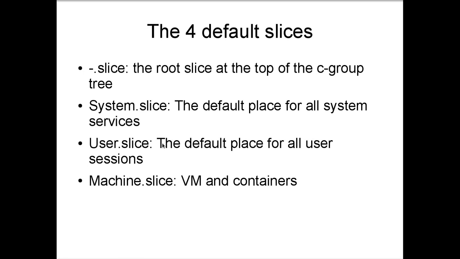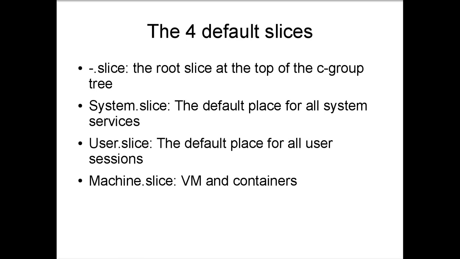There are 4 default slices that you should easily see on most systems that employ cgroups. Of course, the root slice, which is the mother of all slices, sitting at the very top of the cgroup tree. And then we have 3 other categories of slices. The system.slice, which should by default contain all system services, so things like the Bluetooth service, the httpd service, the SSH daemons, should by default go under the system.slice.